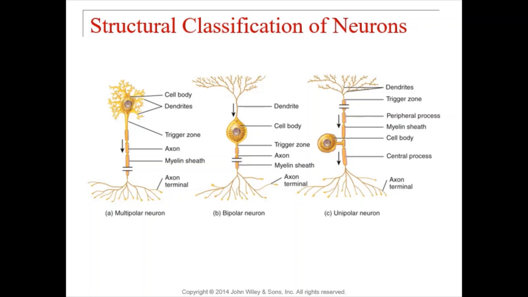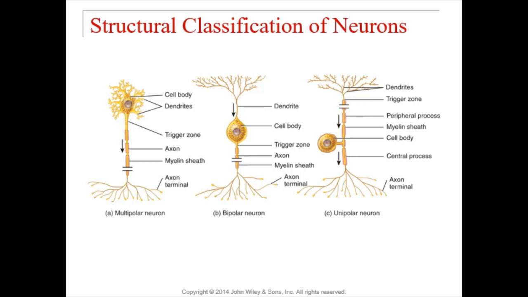A bipolar neuron, by definition, has one axon and one dendrite. In the picture, that middle neuron is a bipolar neuron. You're seeing one axon on one side of the cell body and one dendrite. Dendrites can branch, but that is still just one dendrite.